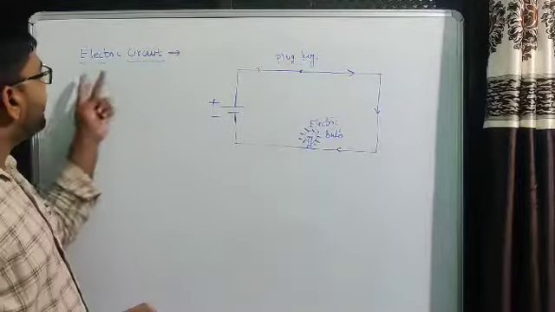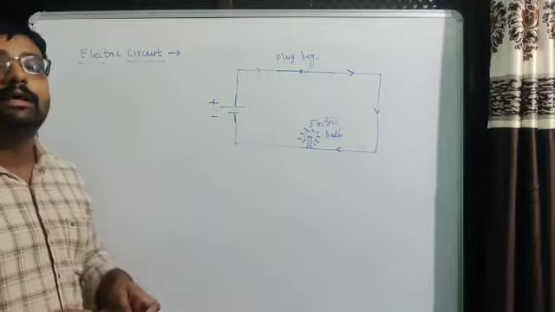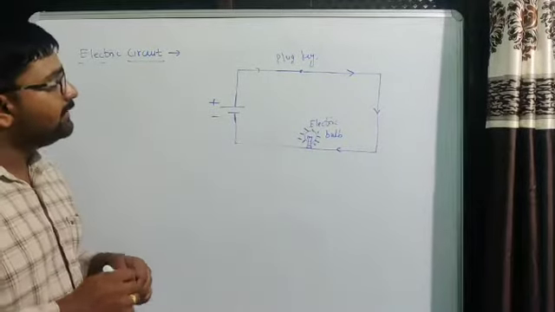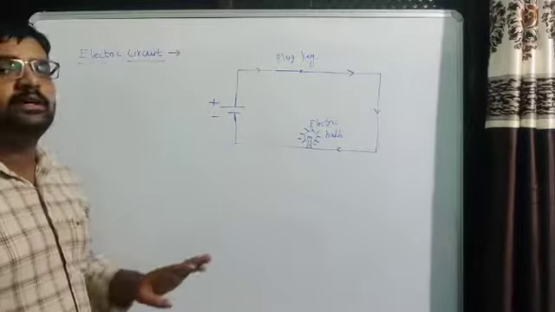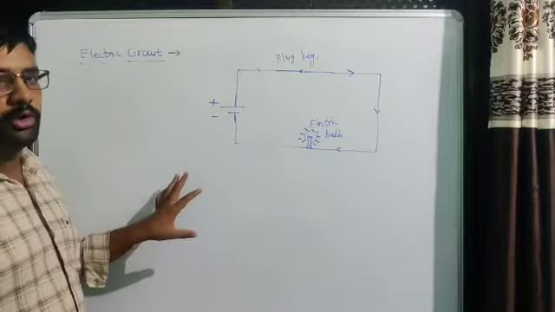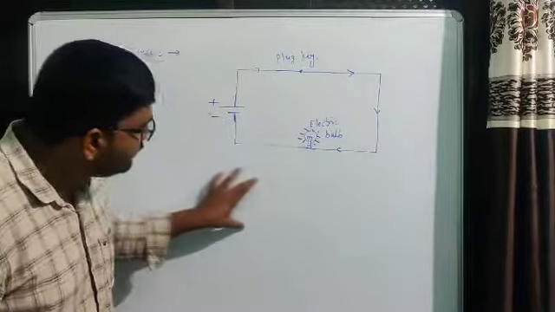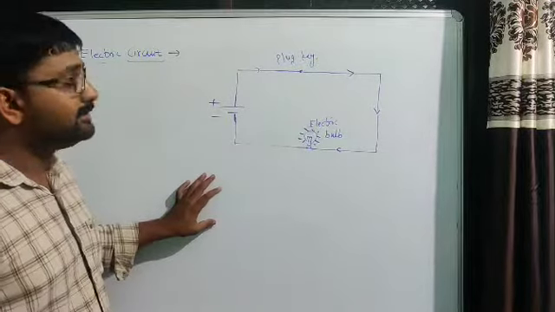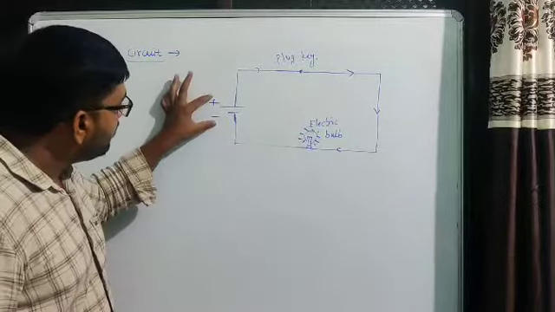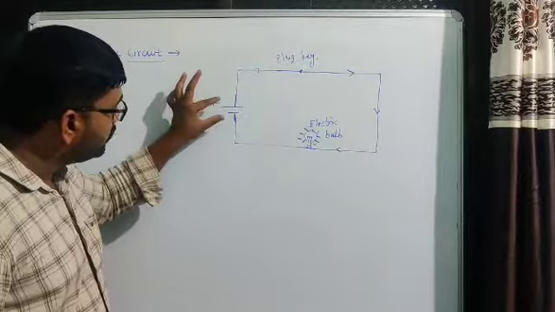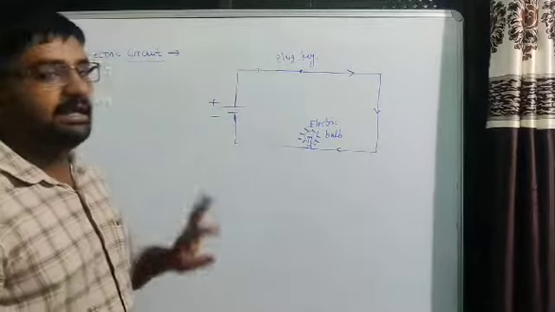So what is an electric circuit? Simply, it is a circuit which is designed by using some electronic components. This is one electric circuit. It is designed by using this one cell, plug key, and electric bulb.